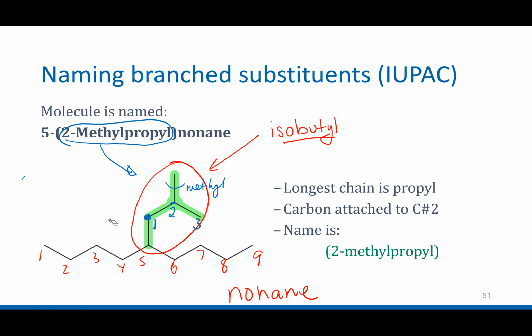So the name of this compound would be 5, and then in brackets, 2-methylpropyl nonane, or you could just call it 5-isobutyl nonane. And I'm okay with whatever you guys want to do on a test.